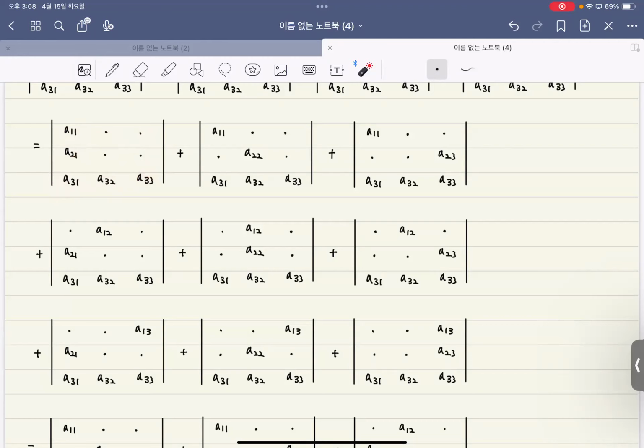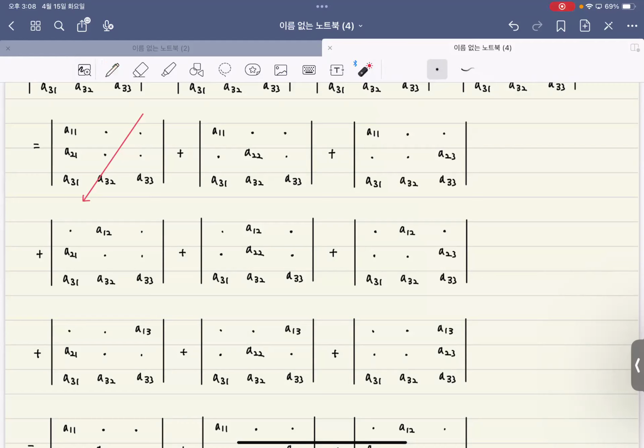And if you do that, then I have 2 same rows on the top and the middle. Therefore, this guy must be 0. Okay, automatically. So I don't need to worry about this anymore. This guy goes to 0.